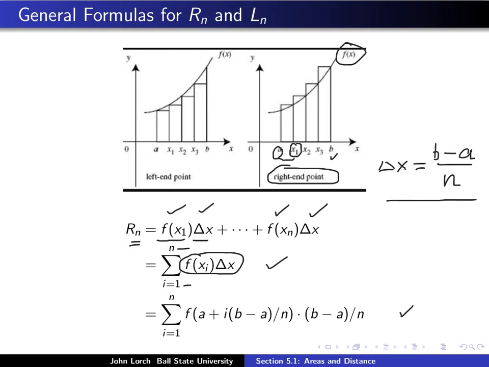And so if I want to get to x1, I could start with a, and I could add on 1 copy of b minus a over n. On the other hand, if I wanted to get to x2, I could start with a, and I could hop over 2 copies of b minus a over n, and so on. And so to get to x sub i, I start at a, and I hop over i copies of b minus a over n.